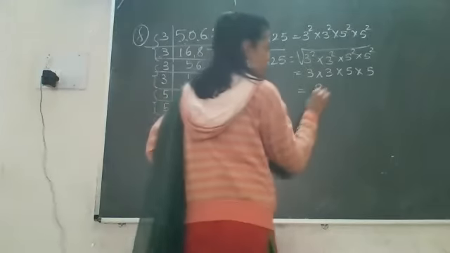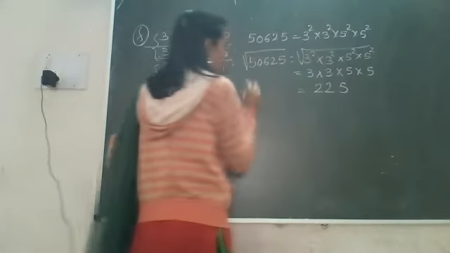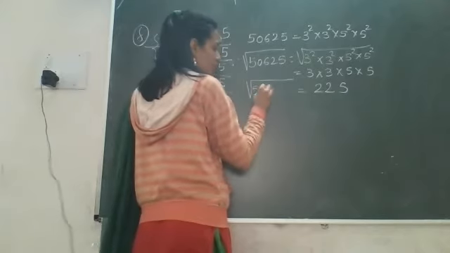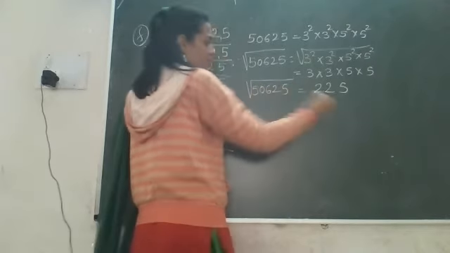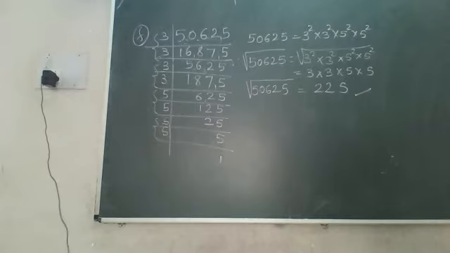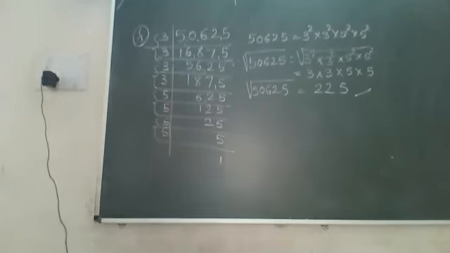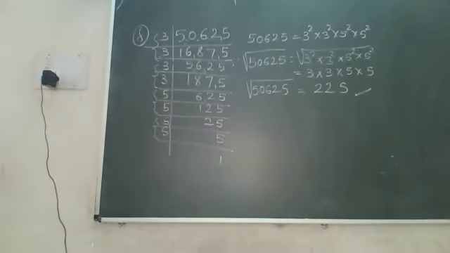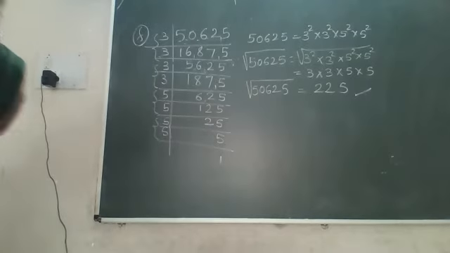Okay, you will get 225. The square root of 50625 is equal to 225. That will be your answer. Have you understood this sum? Yes, ma'am.